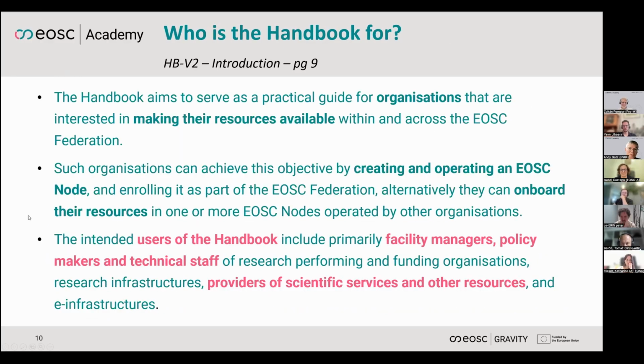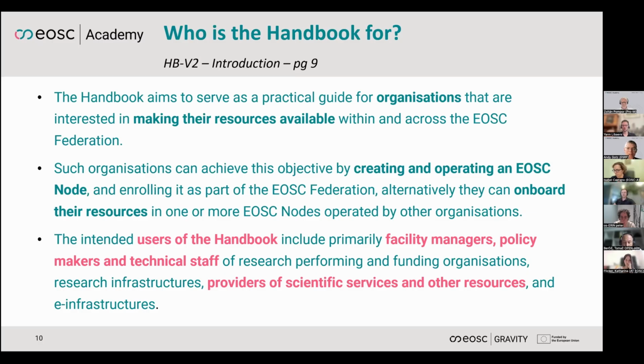Who is it for? The handbook is primarily for organizations that want to make their resources available via the EOSC Federation. And to do that, as you'll see during the rest of the talk, you would propose to build a node and make your resources available through the node, or make them available through a different node, someone else's node, that's called onboarding resources.